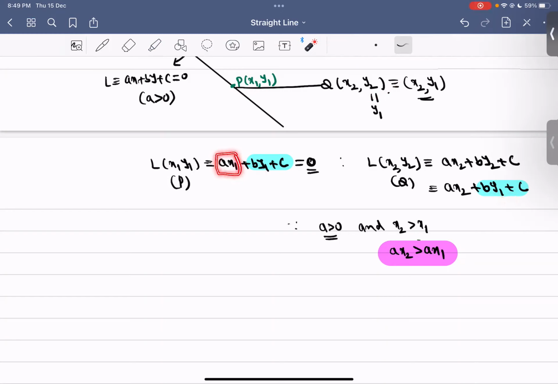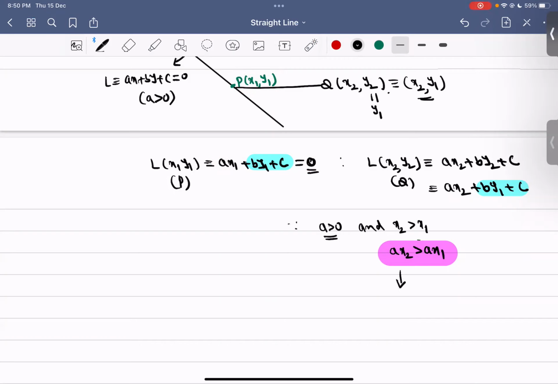But ax1 became ax2, and ax2 is greater than ax1. If you put P(x1, y1) in this line equation, this becomes 0. But here ax2 is greater than ax1, therefore this value is a positive quantity. Yes or no? Yes, sir.